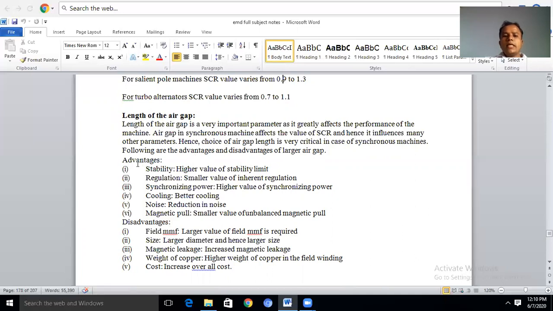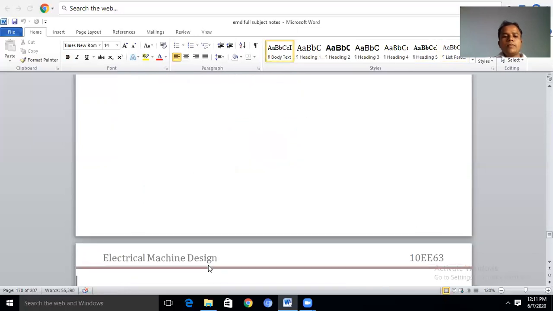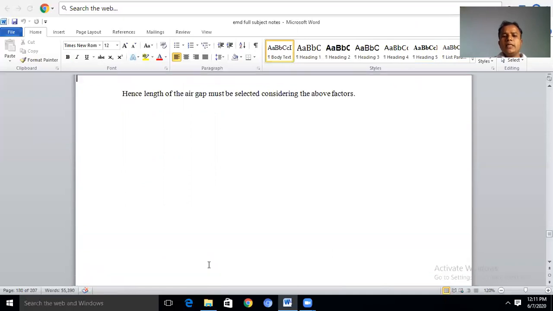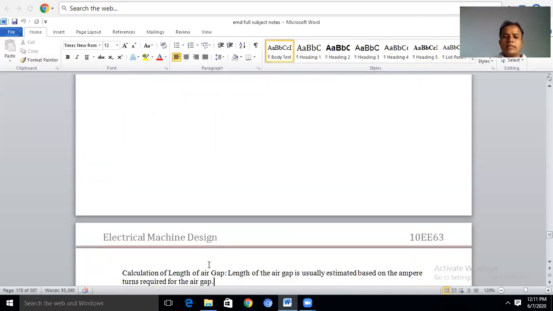Advantages: stability, regulation, synchronizing power, cooling, noise, magnetic pole. Disadvantages: field MMF, size, magnetic leakage, weight of the copper, cost. So hence the length of the air gap must be selected considering the above factors.